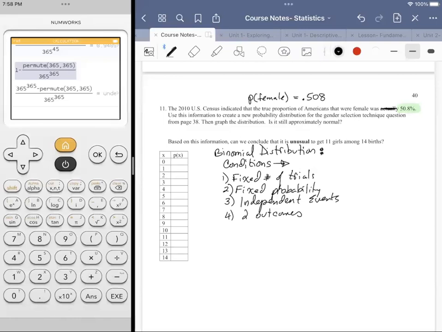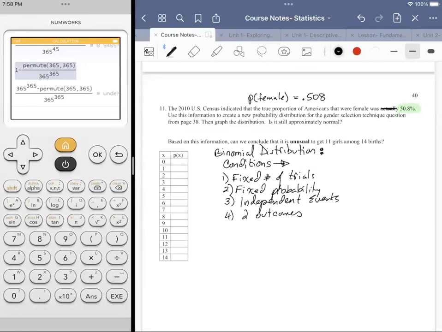If these 4 conditions are satisfied, then the distribution is binomial. And if a distribution is binomial, it could also be treated as a normal distribution. So we're able to verify normality by establishing that these conditions are true.